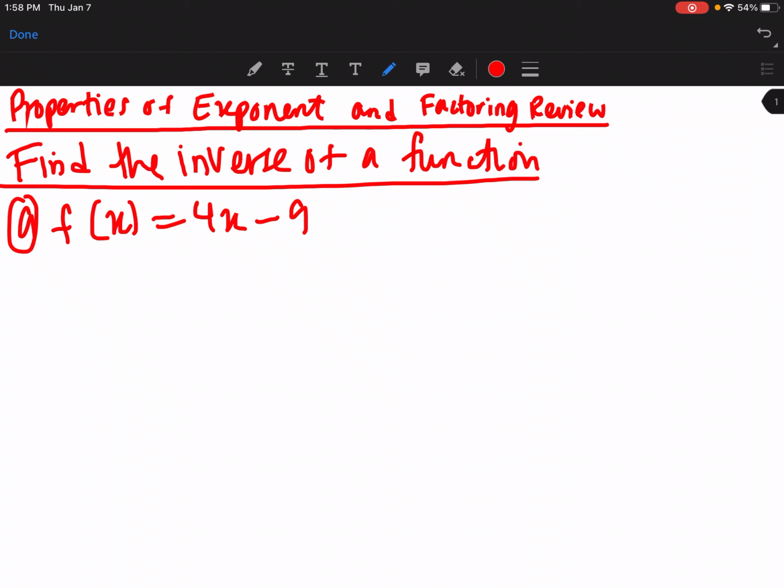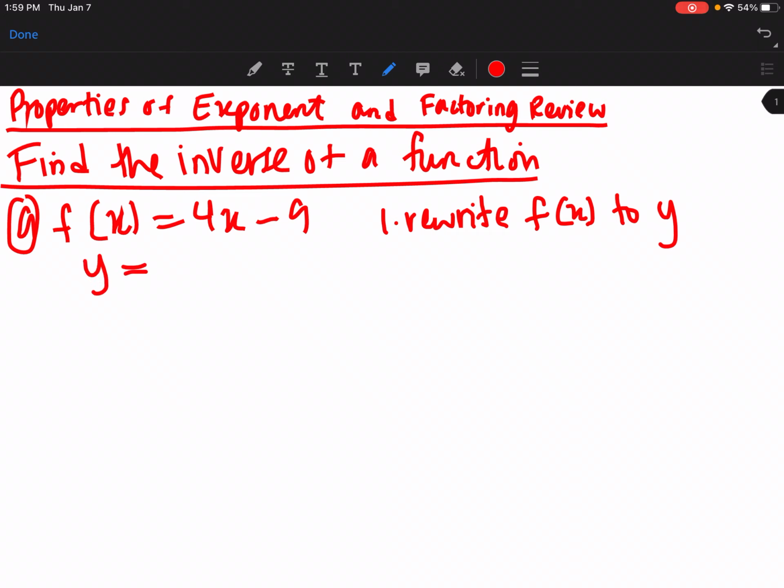To find the inverse of a function, the first thing that you want to do is rewrite f of x as y, and we know that f of x is the same as y. Therefore, I'm going to rewrite f of x as y, which is equal to 4x minus 9.